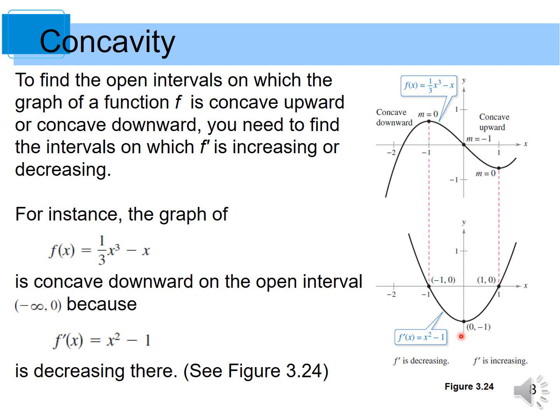For the f prime x function from 0 to infinity, the slope is increasing, while the original curve is concave outward. So this is the relationship between increasing, decreasing, and concavity.